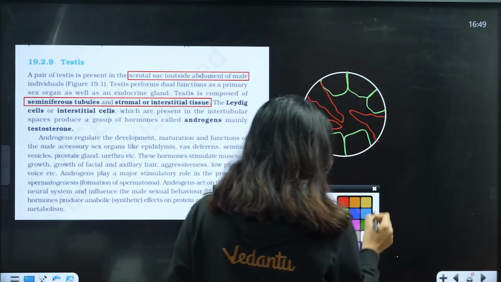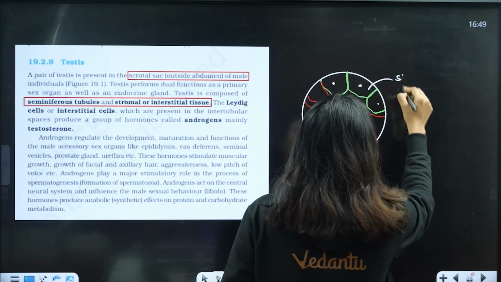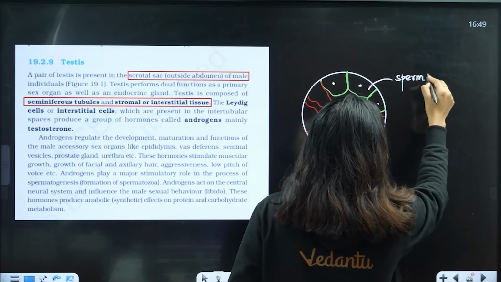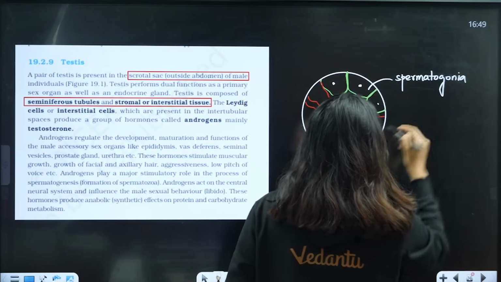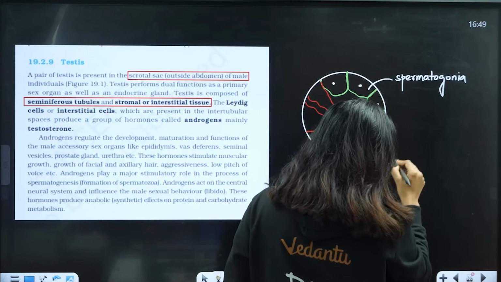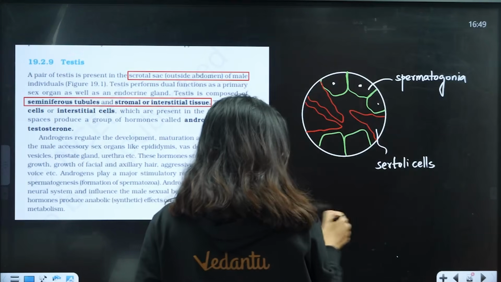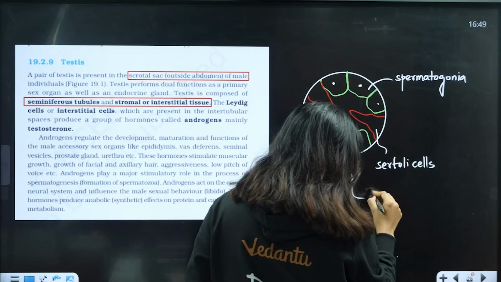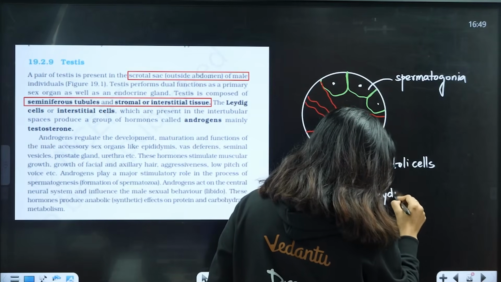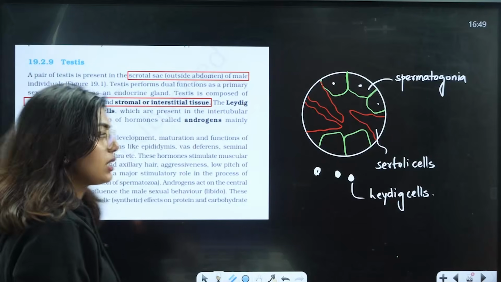So, which are the cells, students? These are your spermatogonia cells, right? Spermatogonia cells, these are your Sertoli cells. And in the interstitial space, there are cells which are called your Leydig cells or interstitial cells.